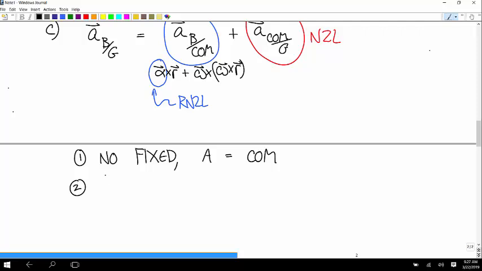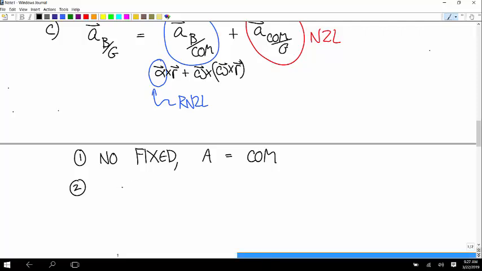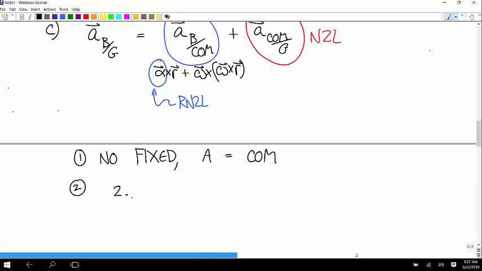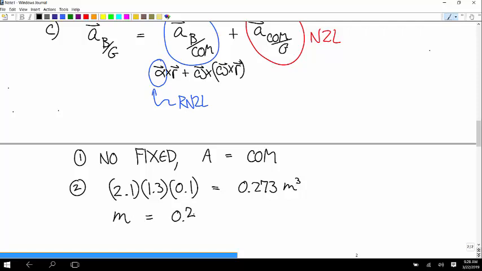The mass is the volume times the density. The volume is 2.1, was it? 2.1 times 1.3 times 0.1, 0.273 meters cubed. And so the mass is 0.273 times the density of 2,500.